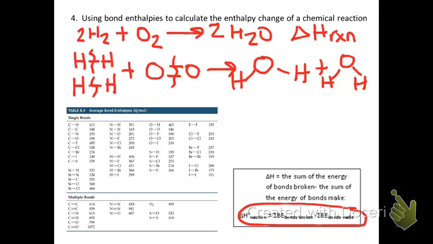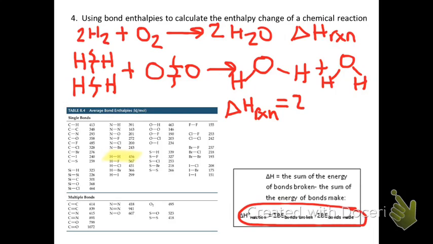So if you look closely, we have to break 2 H-H bonds, okay? So I'm going to start writing this down. The delta H for the reaction is equal to 2 moles, or 2 bonds, of the H-H. Now, look in your table really carefully, and you should find the H-H bond right there.